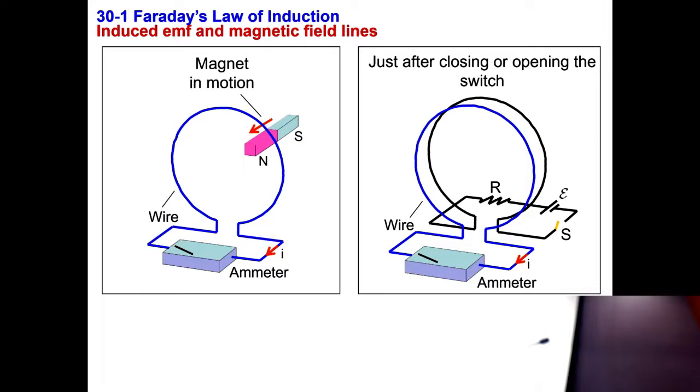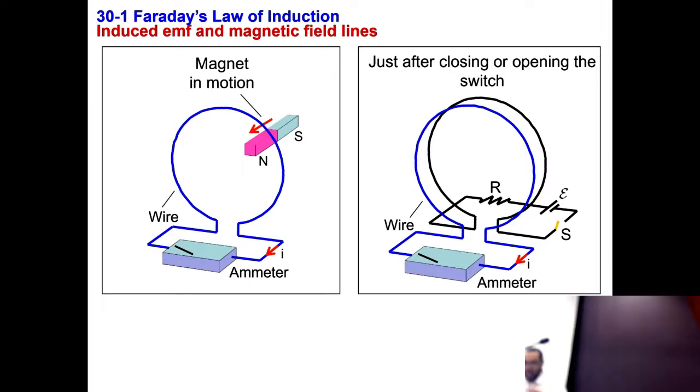Okay? So if you make any changes here, or if, for example, instead of a DC battery you have an AC current, you will induce current and voltage in the secondary loop. So you can have the source be either a changing magnetic field due to a permanent magnet, or a changing magnetic field due to a current flowing through a wire.